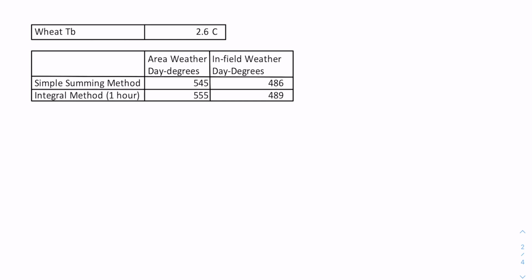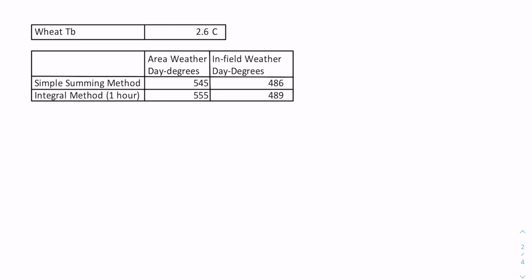And so the take-home message here is that using the area weather data seems like it might be a good idea, but for the longer term. Short term, this may not matter so much if you're growing a short season crop and your only difference, so this is approximately a 10% difference, over this time period, if we think of an average day degree value during this time as maybe 35 day degrees.